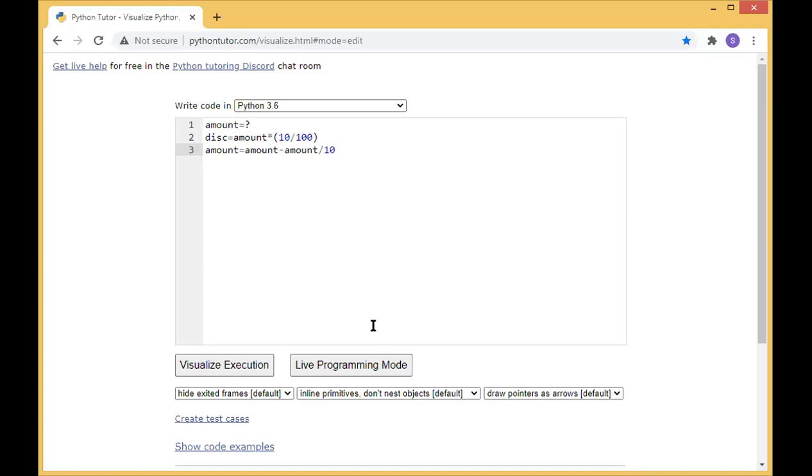After division, 10 divided by 100, you will get 10 in the denominator. From this you can take the amount outside as common. So the next one is 1 minus 1 by 10, right?